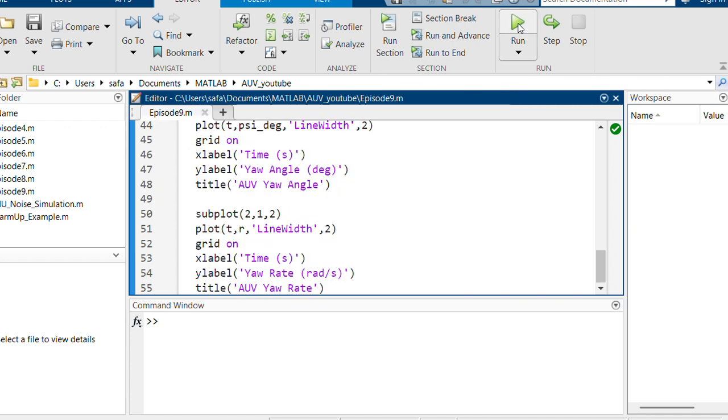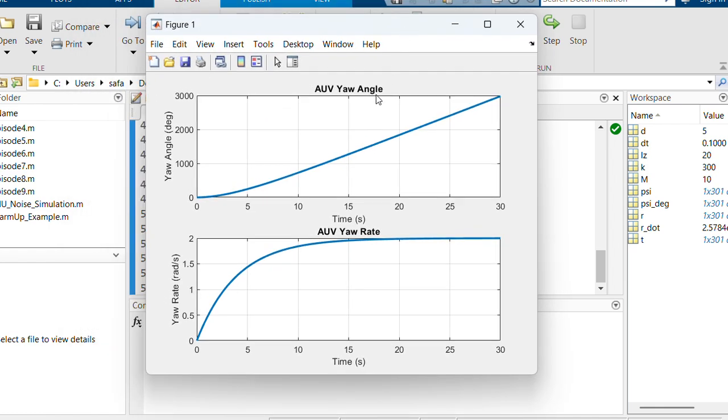Run. You can see the AUV yaw angle and AUV yaw rate. The yaw rate starts from 0 because the vehicle is initially stationary.